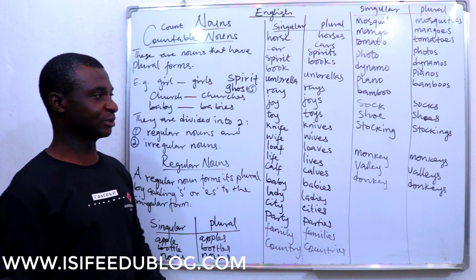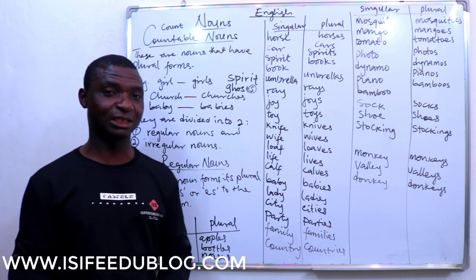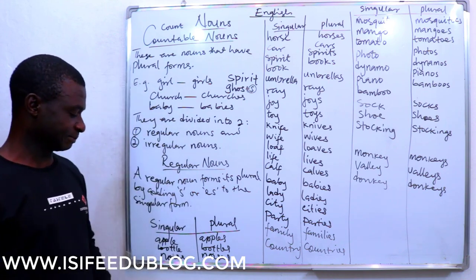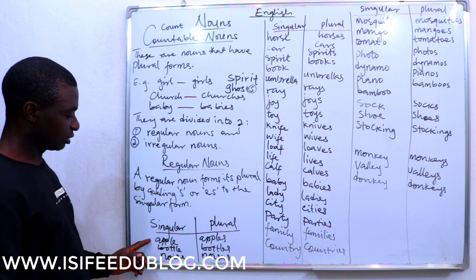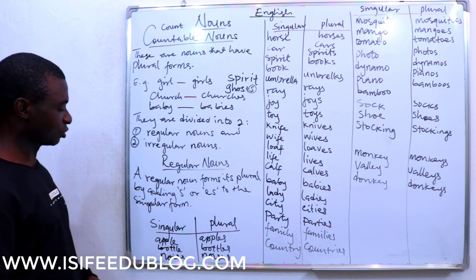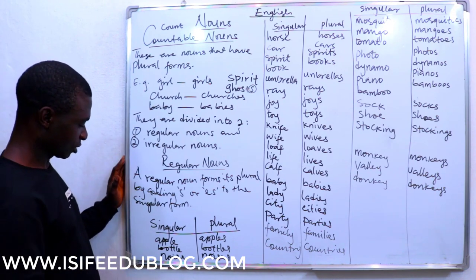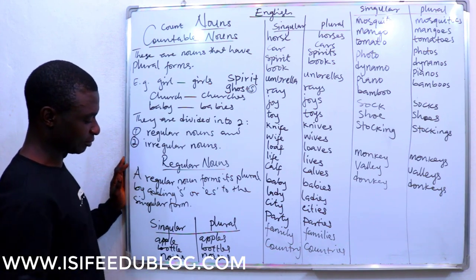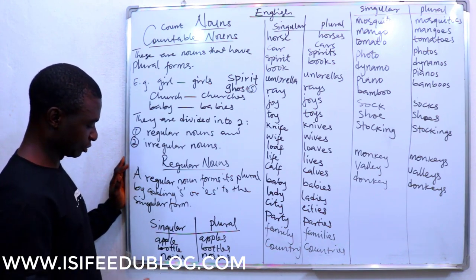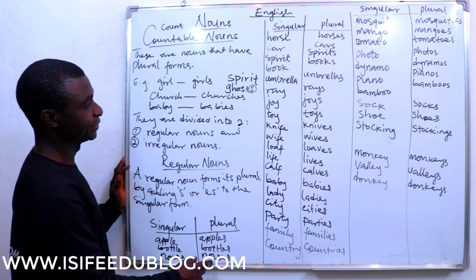When we worked on verbs, if you watched a lesson on verbs, we also talked about the regular and irregular verb. Now, how do we form the plurals? That's what we are looking at. Regular nouns. Apple adds s to the singular form to become plural. Apples. Bottle, bottles. Noise, noises.